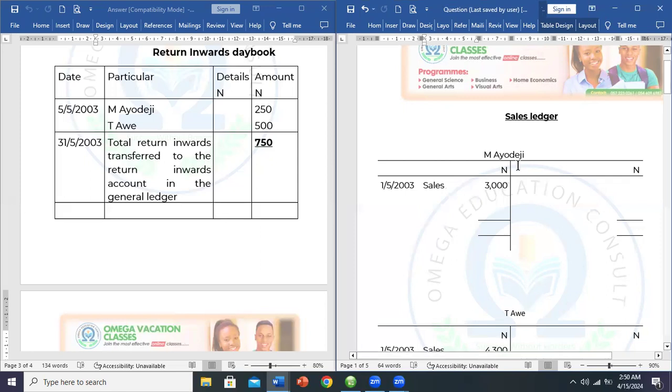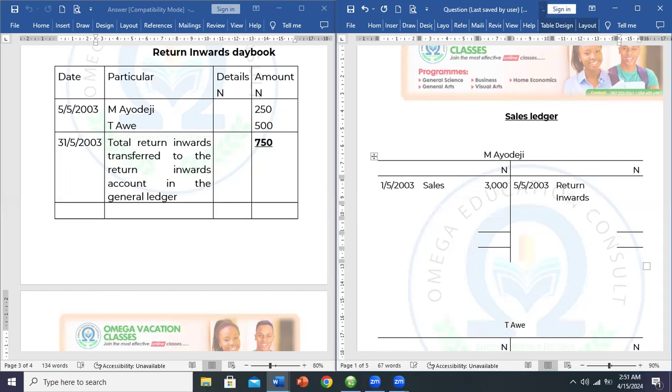In this circumstance, it is M. Ayodeji who is giving back the goods to the business. So we are supposed to credit him for that return invoice. So we put the date 5th May 2003. The narration will be return invoice. We put the amount there, 250.